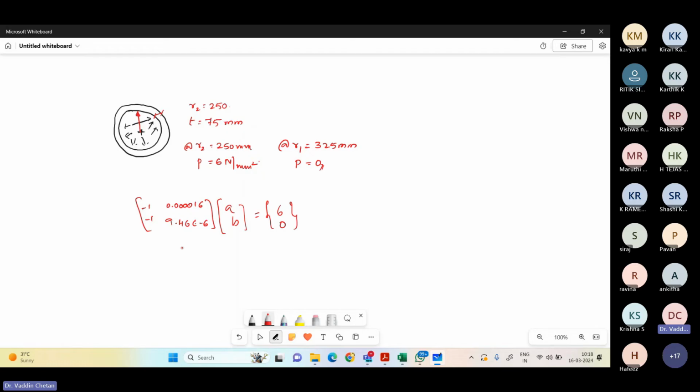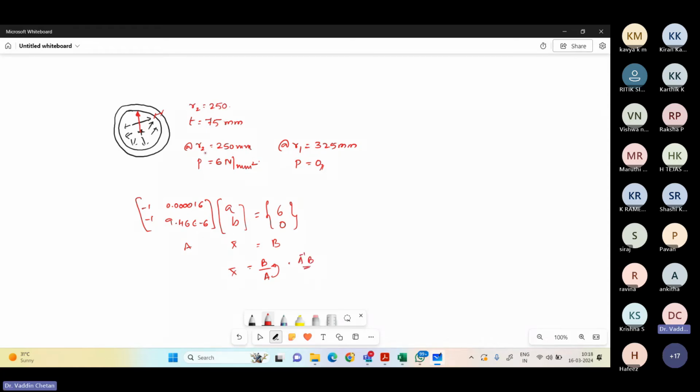So you treat this as a matrix A, and this is the X which you need to calculate, and you take this as the B. X you need to calculate, you can go with B by A. Or if you take it to the numerator, it will be A inverse. So that is A inverse B.